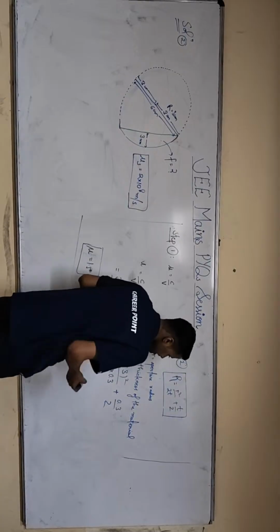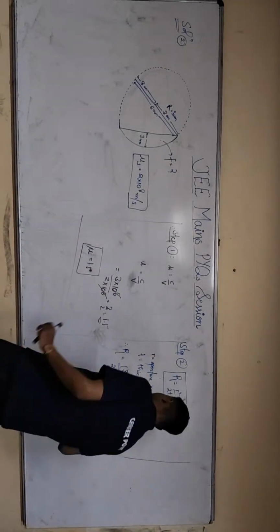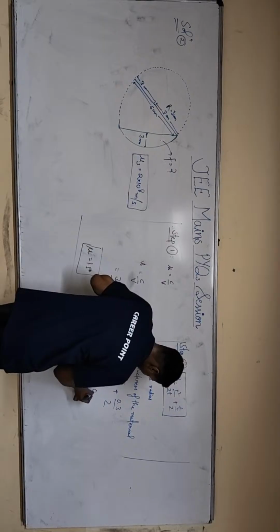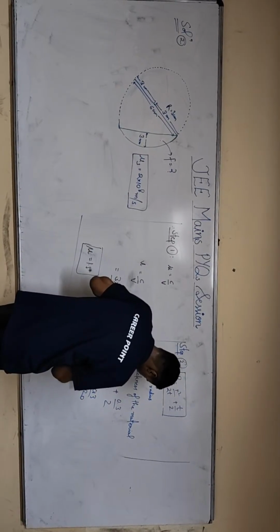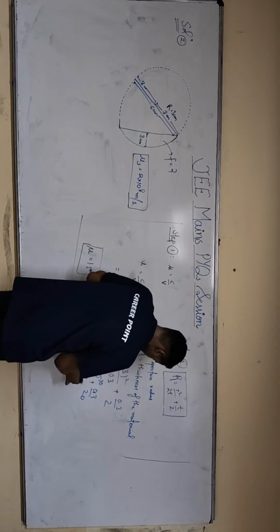After simplifying, this becomes 9 by 0.6 plus 0.3 upon 2.